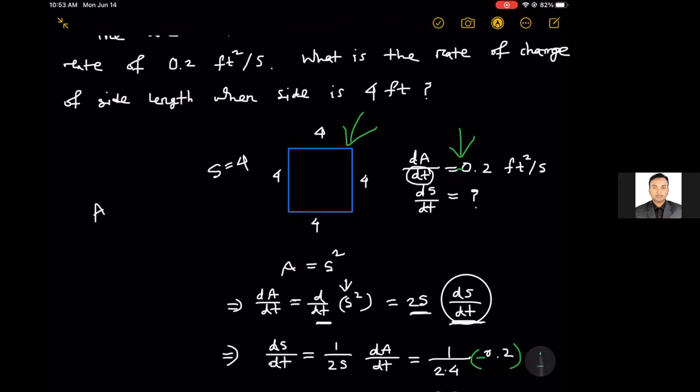Okay, but again, the crucial part could be to understand these notations and using the chain rule properly, because I was a TA for Calculus 1 back in Reno when I was doing my master's, and I was a TA for 3 semesters, and I've seen so many students missing this additional part of the derivative.